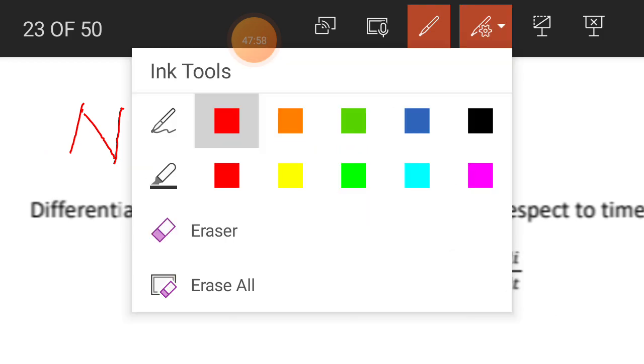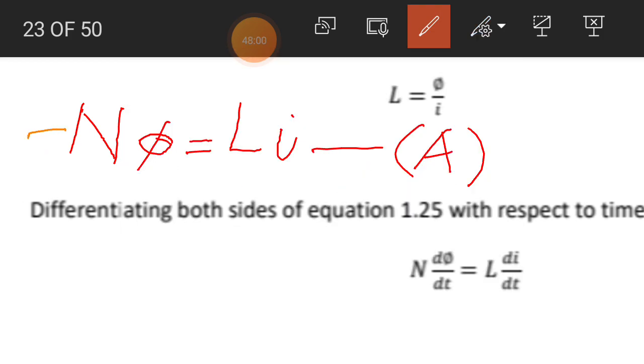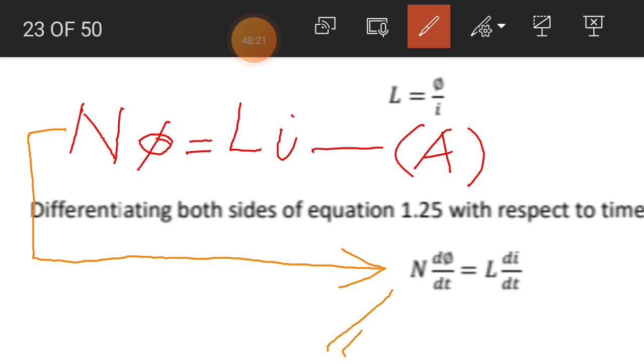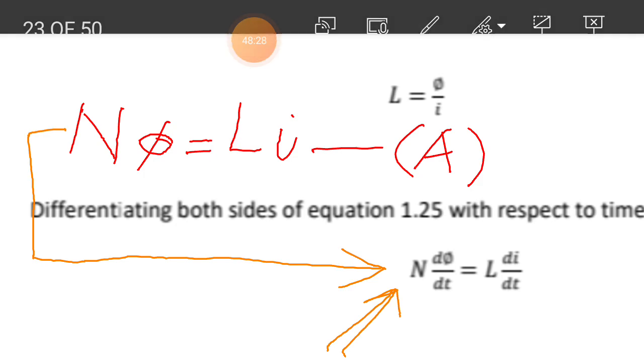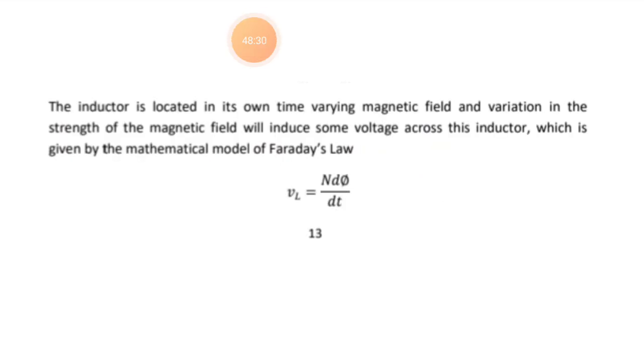So what we do, we differentiate both sides of this equation with respect to time. If we differentiate both sides of this equation with respect to time, we have N d phi by dt, which is equal to L di by dt. And now we focus on the left hand side of this particular equation.